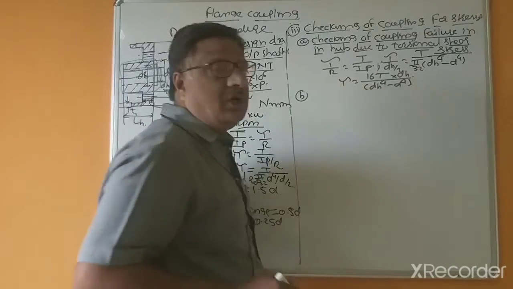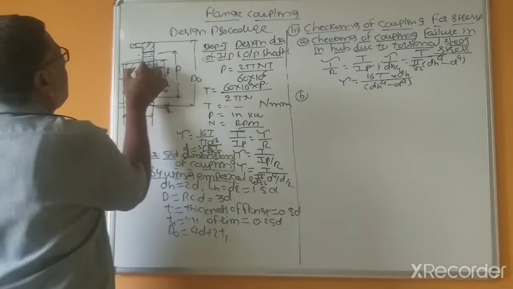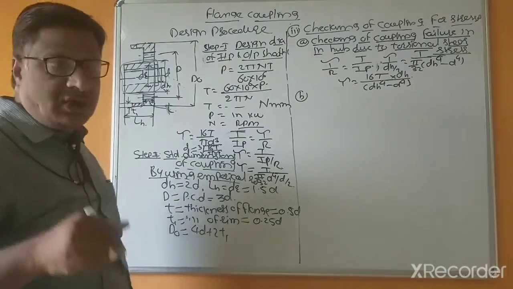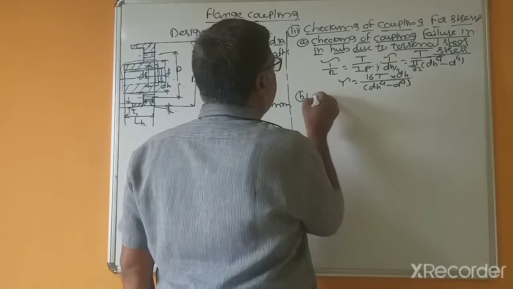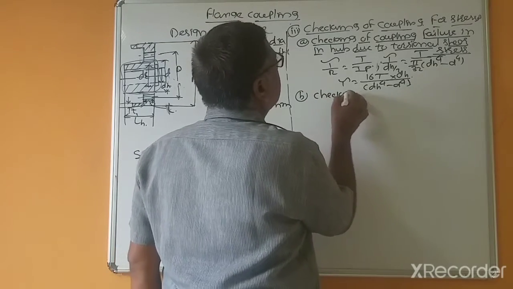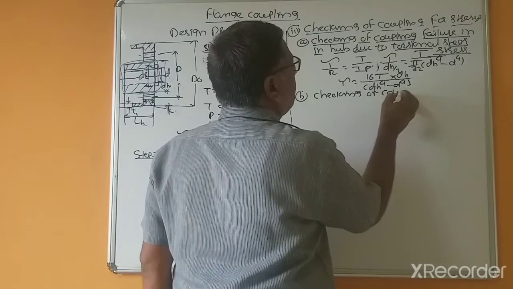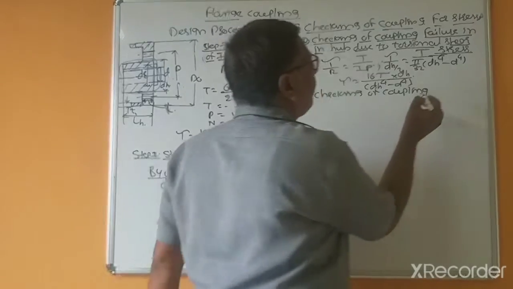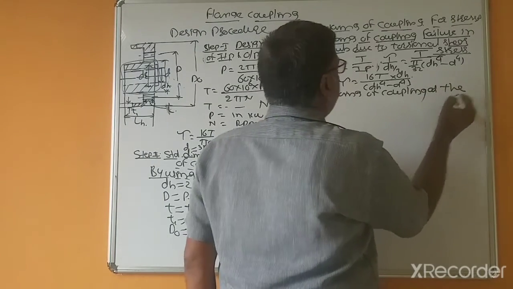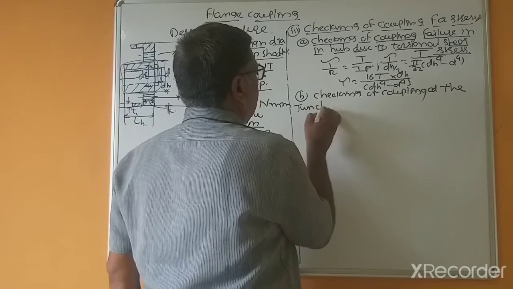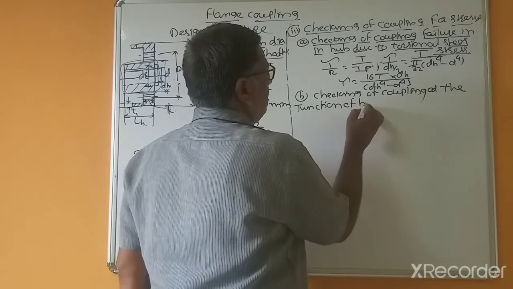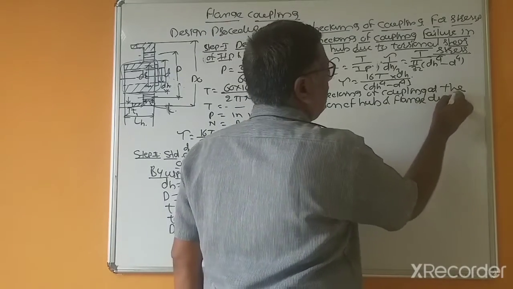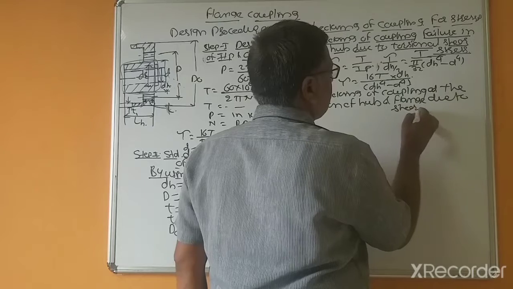Next, there are chances of failure of the coupling across these areas. So now checking of the coupling at the junction of hub and flange due to, again, shear stress.